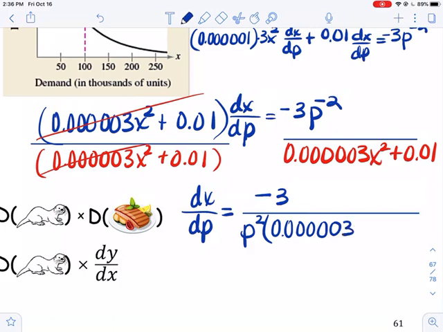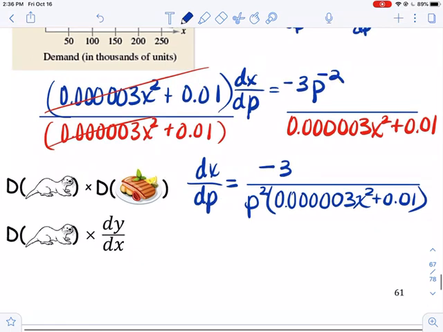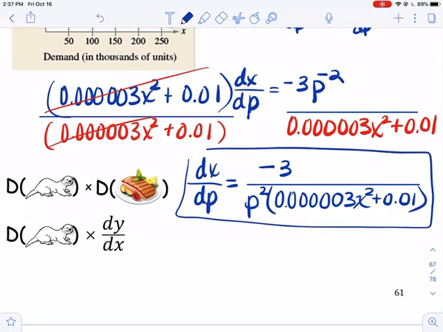This is why we have scientific notation for numbers like 3 millionth. x squared plus 0.01. Okay, so there's our dx/dp.